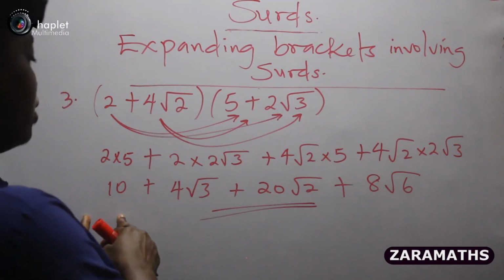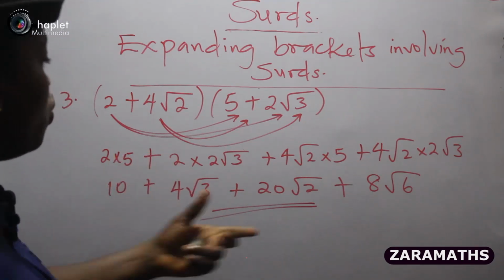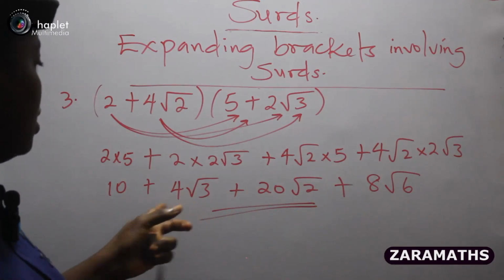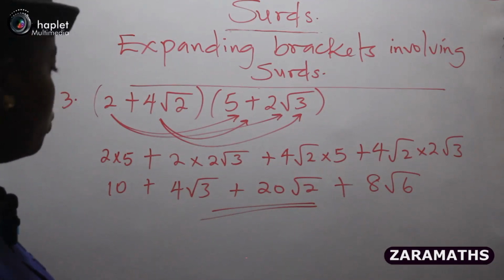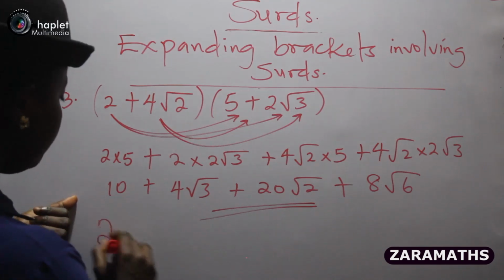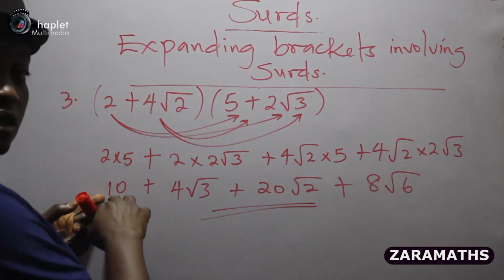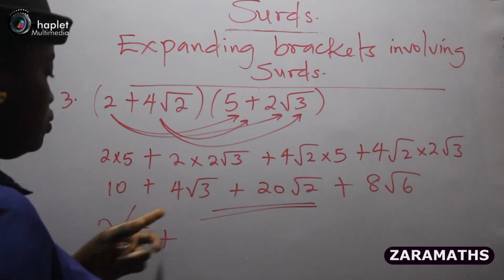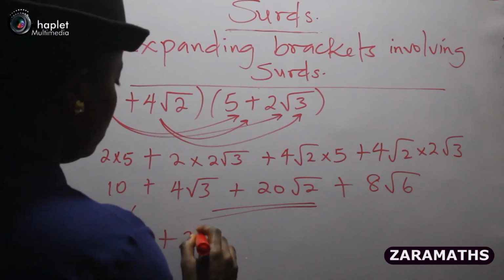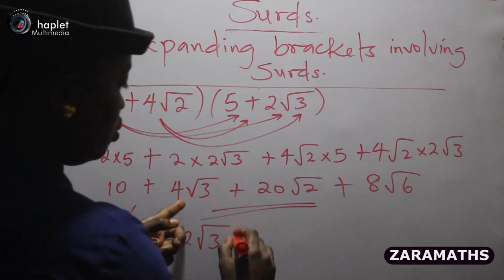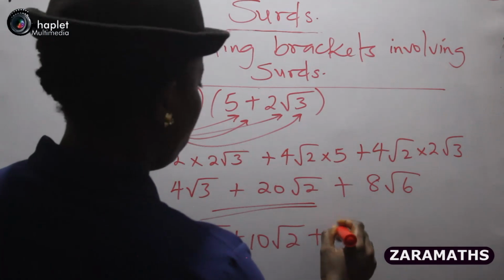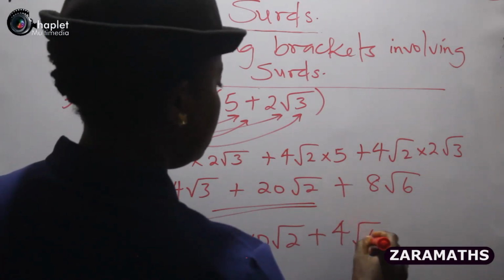If you factorize it out, you will discover that what is common to all these numbers is 2. So in this case, we have 2 divided by 10. We are left with 5 plus 2 root 3 plus 10 root 2 plus 4 root 6.